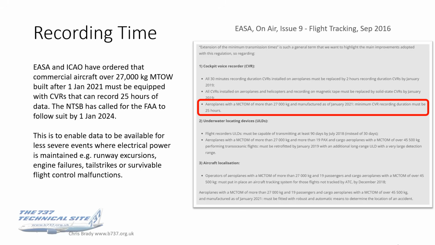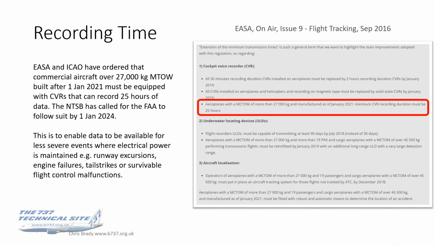And the reason for this is to enable data to be available for less severe events, where electrical power is maintained, such as runway excursions, engine failures, tail strikes, or any survivable flight control malfunctions.